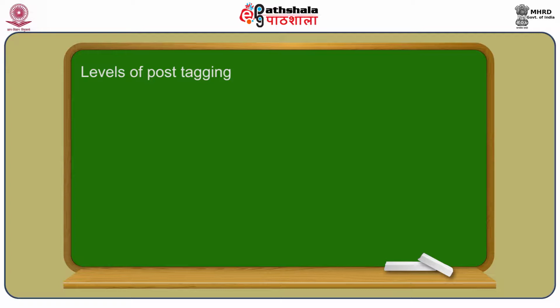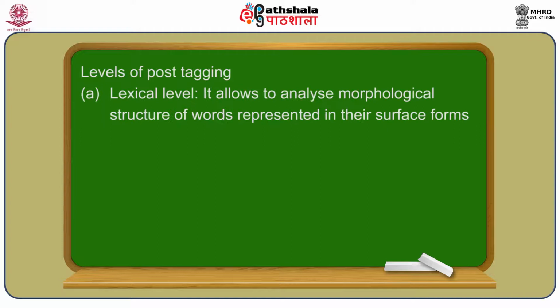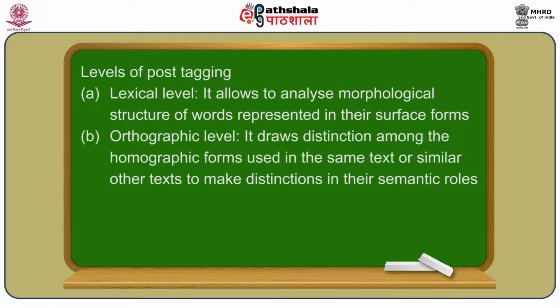So we want POS tag assignment at three different levels. We call the first the lexical level. This allows us to analyze the morphological structure of words represented in their surface forms. So the morphological structure of the word is one input, which is also required for POS tagging. Then orthographic level information is also required.